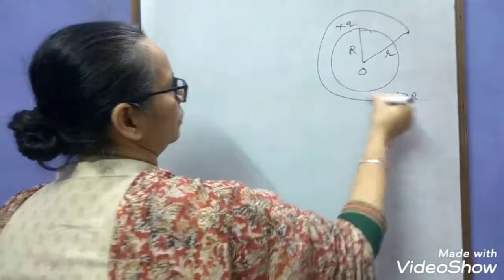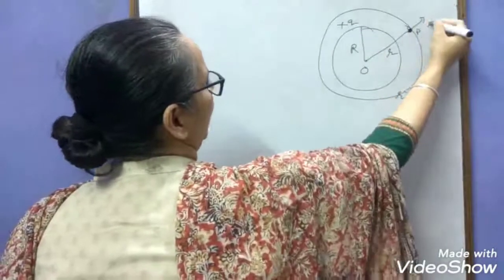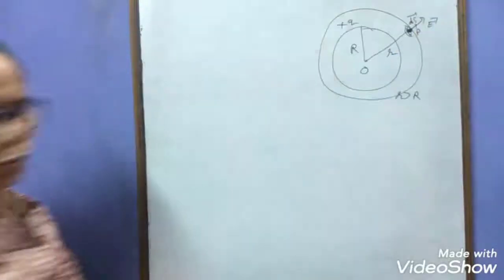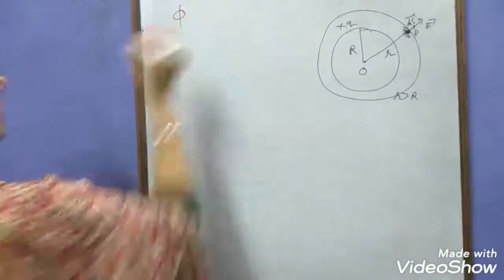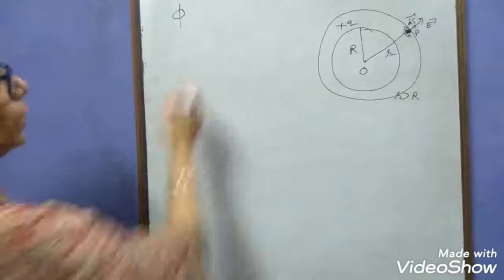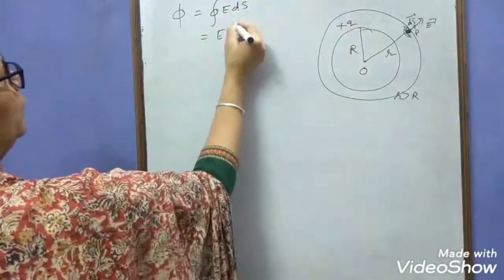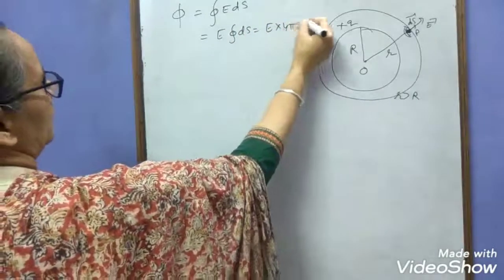So we again draw the Gaussian surface around this. Here is point P, the electric field, and the area vector around this point. Then we have the flux, which is equal to the total integral of E dot dS, that is E into 4 pi r square.